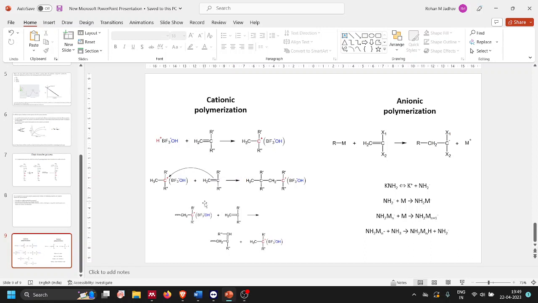In the second case of hydrogen abstraction, the active chain will lose its activity onto a monomer, and because of that, the chain transfer process will occur. That's how it will also result in movement toward the termination of the cationic polymerization process.